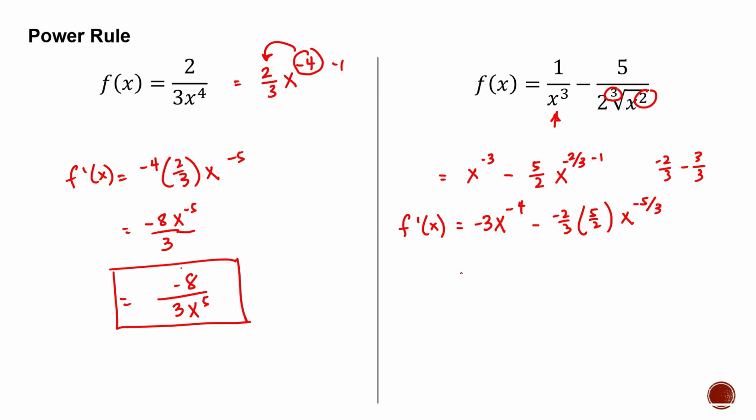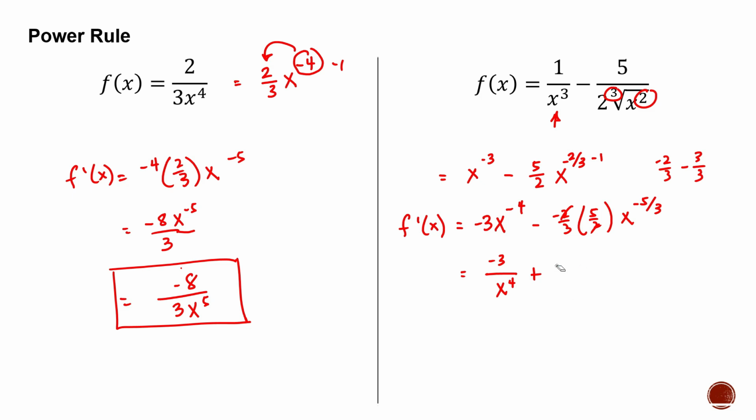Alright, let's simplify this and then make all the negative exponents positive. Let's start with this one. So this is negative 3 over x raised to 4. And then for this one, since these are two negative signs, this will be plus. We can cancel the 2's. So 5 over 3.